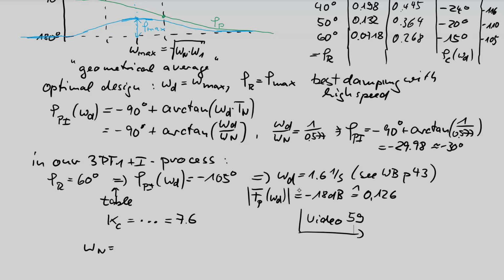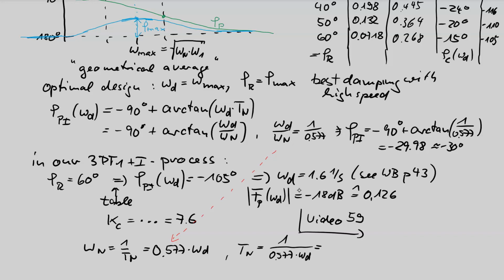Omega n is 1 over Tn, and omega n is 0.577 times omega d, and Tn is then of course the inverse. It's 1 divided by 0.577 times omega d.